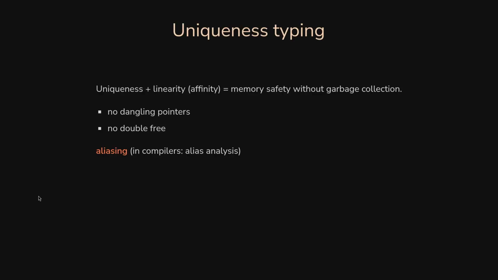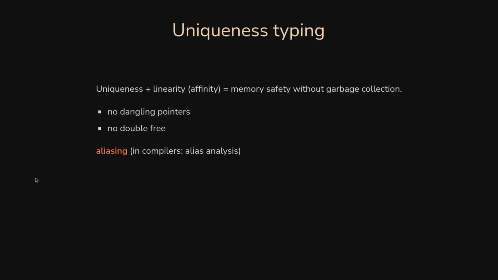Without that, I don't know how to do that in a sound way. And so uniqueness and linearity were ideas that existed before Graydon Hoare was aware of them. He tells that many times. But I think the fact of combining the two to get that kind of feature is really one of Rust's successes, I would say.